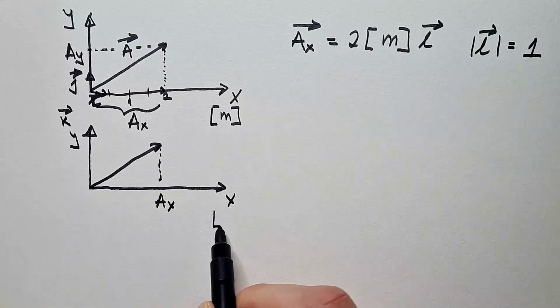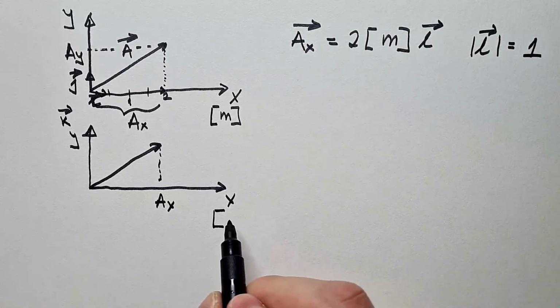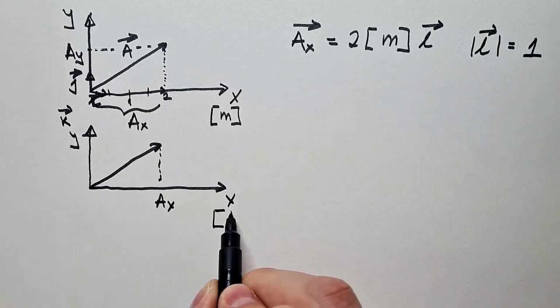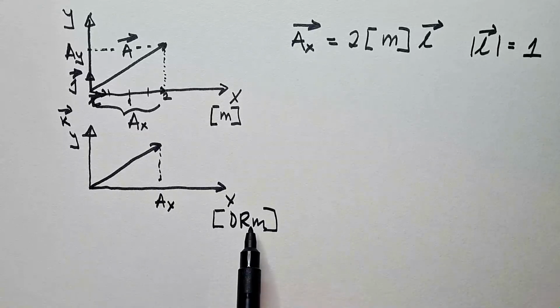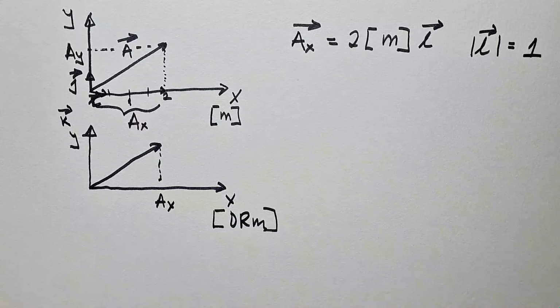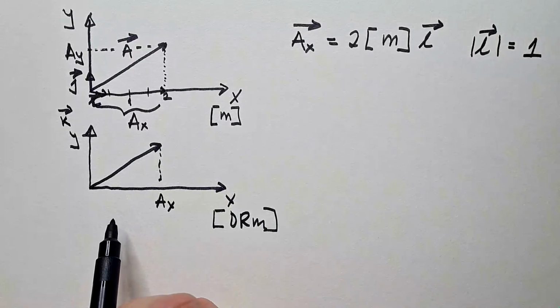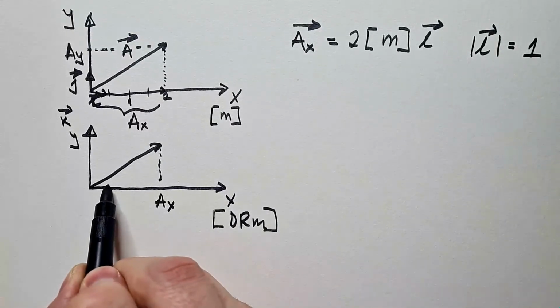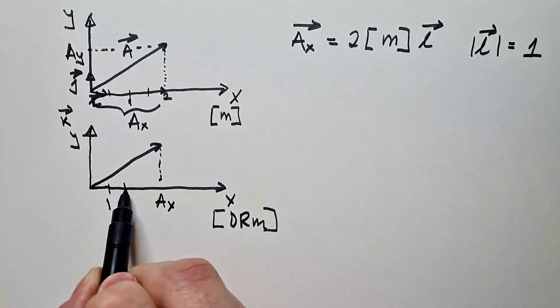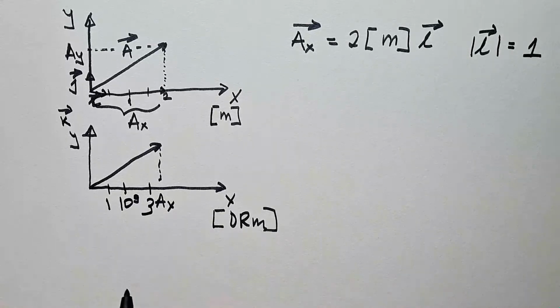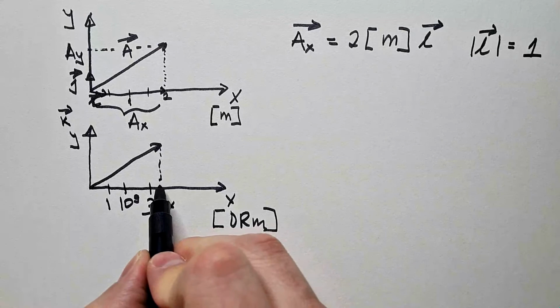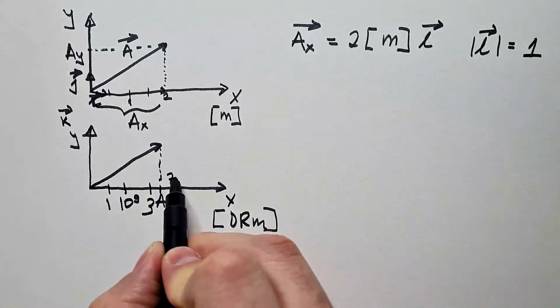But let's say this time I invent some crazy units, DR meters. DR meters, that's my contribution to science in this video. And let's say DR meters don't exist. Here is 1 DR meter, here is 10 to the 9 DR meters, here is 3 DR meters. So completely crazy. And here is, let's say, 7 DR meters.